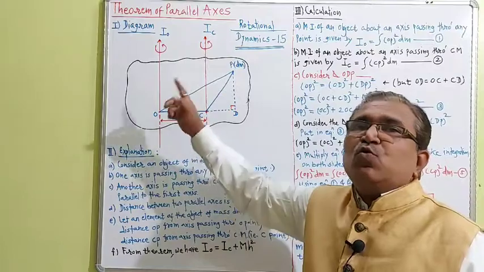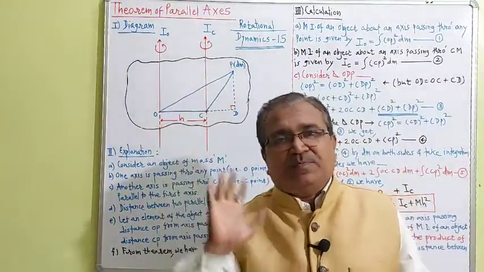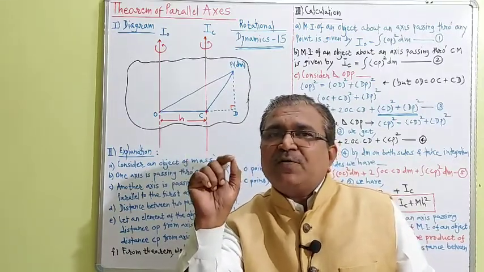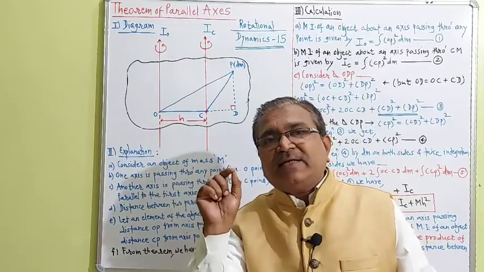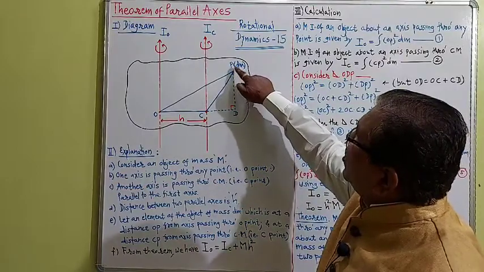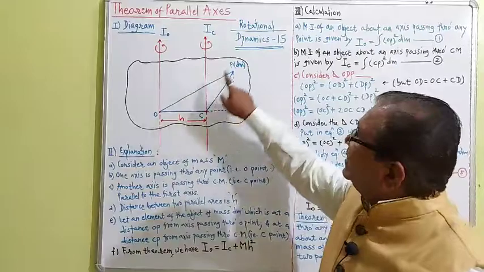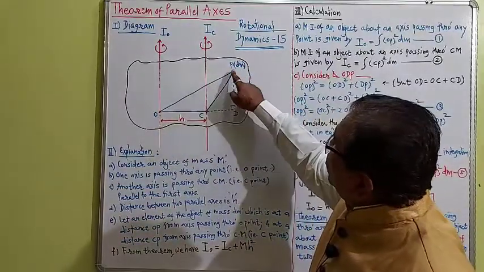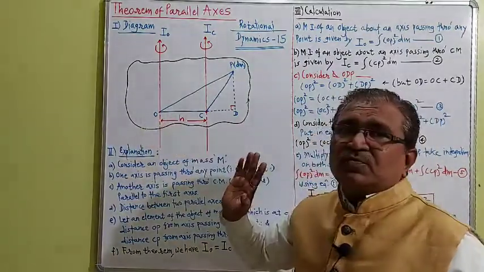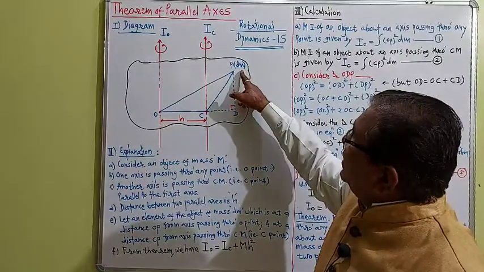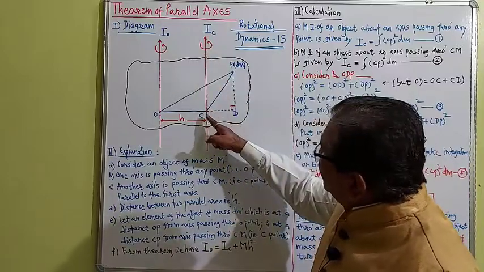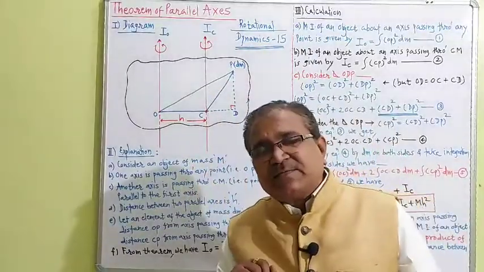Consider a body whose mass is capital M. Take an element of the body of mass dm, which is at point P. This dm is at a distance OP from the parallel axis passing through point O. This dm is at a distance CP from the axis passing through the center of mass.